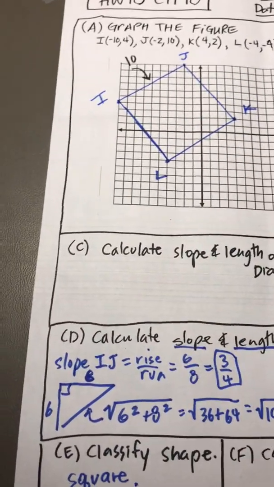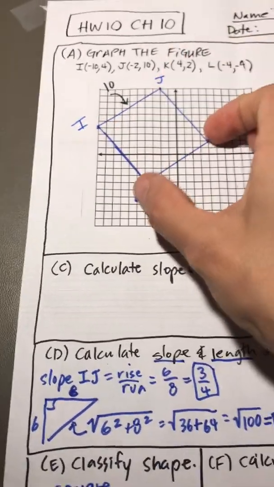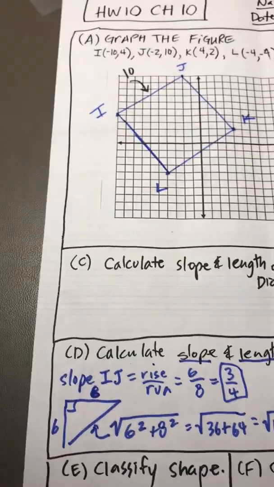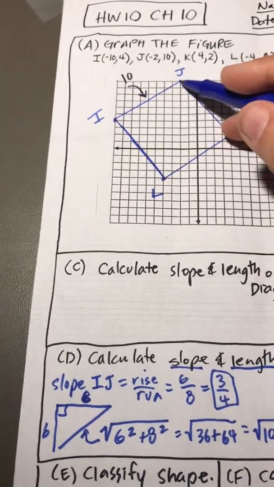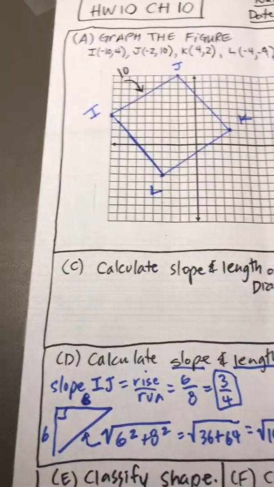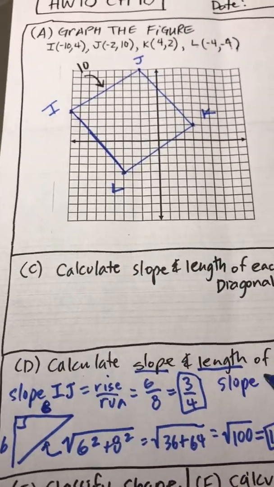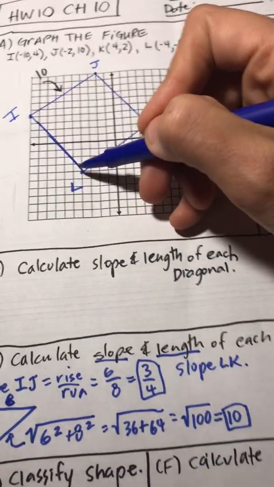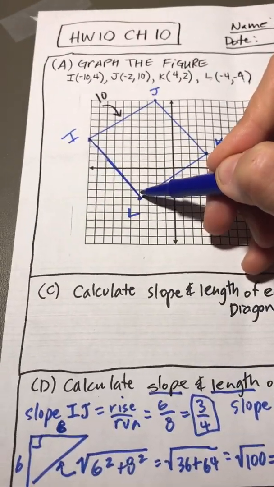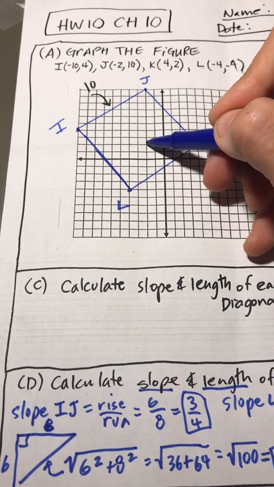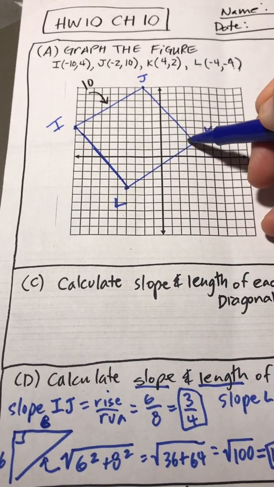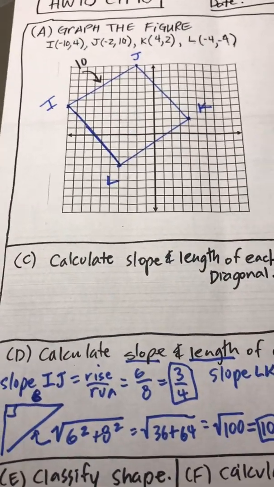But let's confirm just this side if, in fact, it has the same slope and the same length. So I'm going to do the same thing. Instead of doing the slope of IJ, I'm going to do the slope of LK. So when I do the slope of LK, I start here, and I do the same thing. I count up and over. So I go 1, 2, 3, 4, 5, 6. 1, 2, 3, 4, 5, 6, 7, 8. Okay, so same thing.